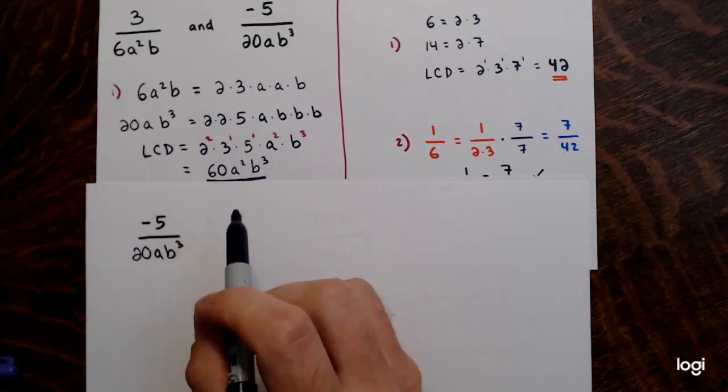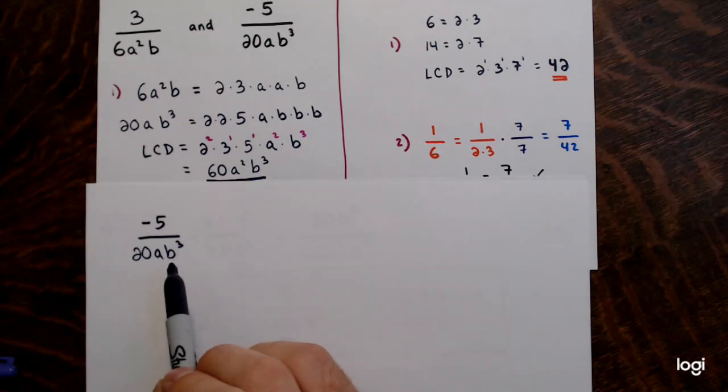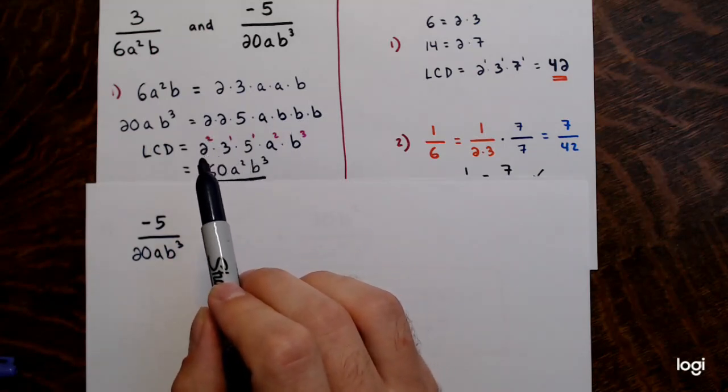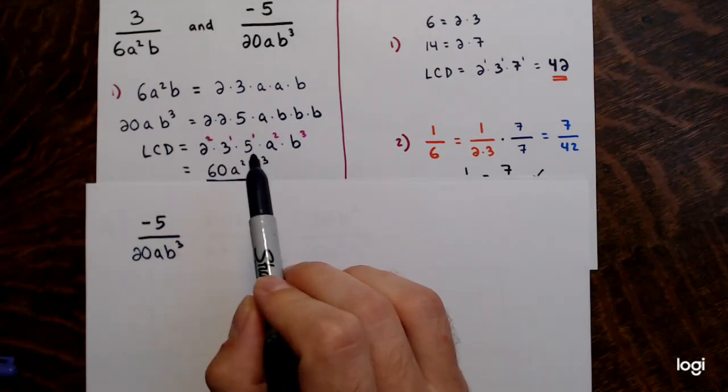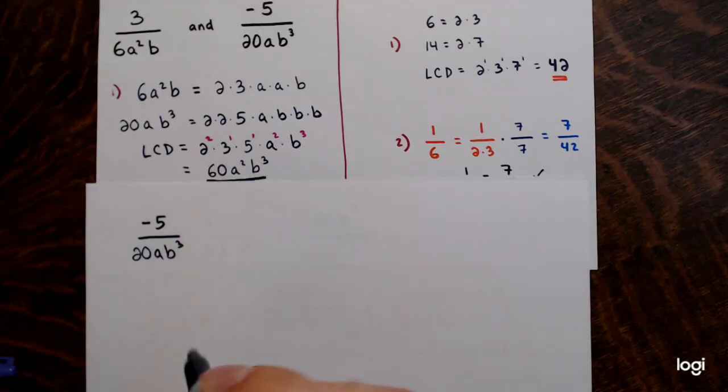And again, you can write it factored if you wish. I have that factored here. Here's the factorization of 20ab cubed, and we're trying to make it look like this. We're trying to give it the same factors as this 60a squared b cubed, this LCD.